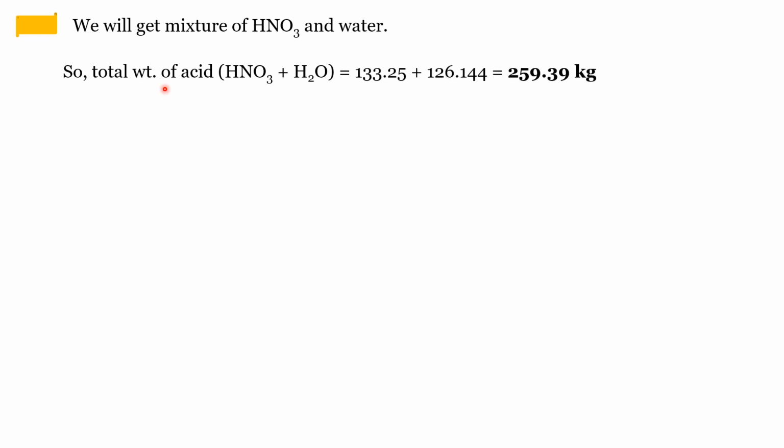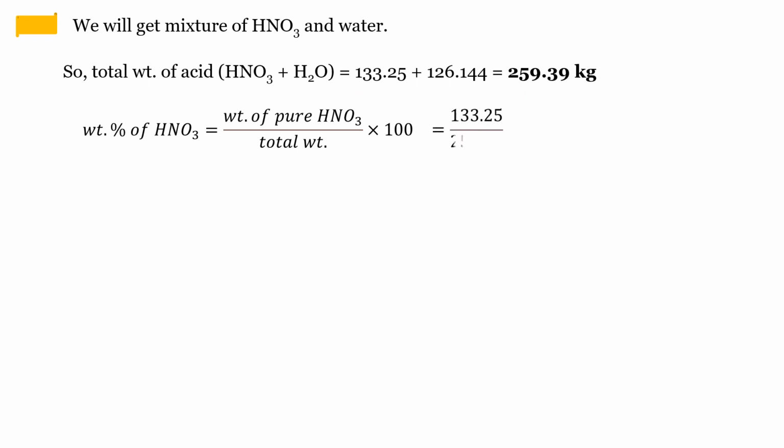The total weight of acid will be HNO3 plus water. So the weight percentage of HNO3 will be the weight of pure HNO3 divided by the total weight. This is the total weight and this is the weight of pure HNO3. So the weight percentage of HNO3 will come out as 51.37%.